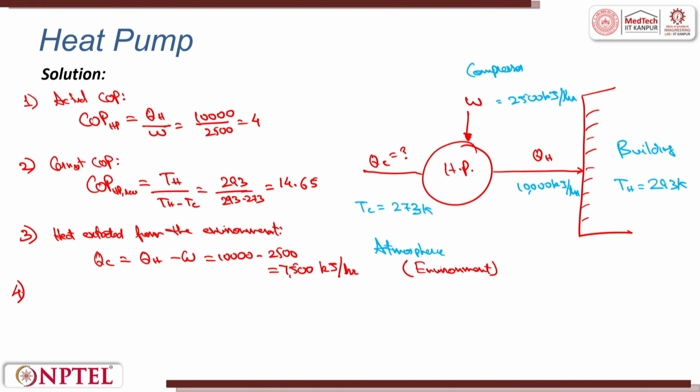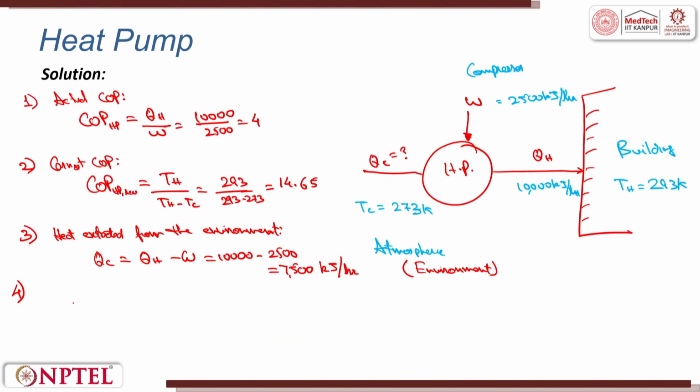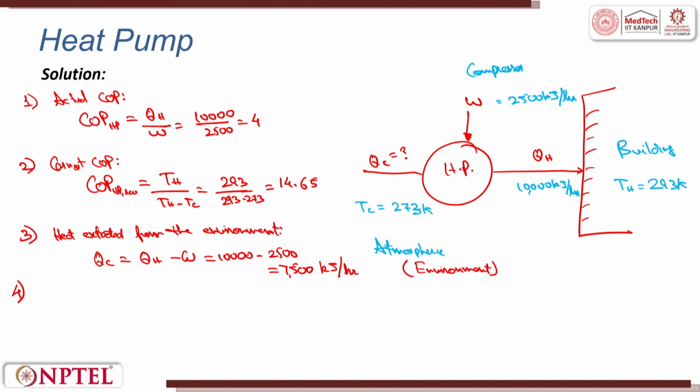I will find entropy for the low temperature portion and entropy for the high temperature portion, and then I will find delta S. This entropy is given by the relation Q by T. For both the colder and the hotter body, I will find this delta S C, that is for the colder body, equal to Q colder by temperature colder, that is 7,500 by colder temperature, which is 273.